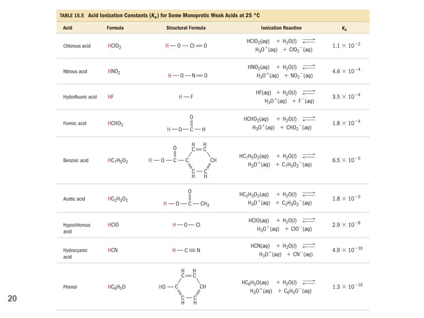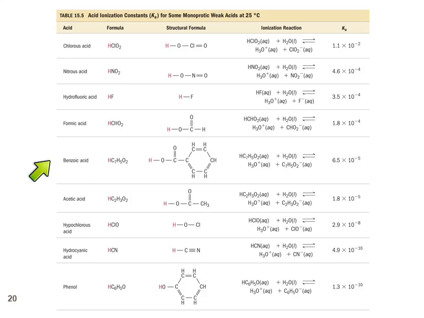So here are some acid ionization constants, and they're giving you the structural formula and the ionization reactions and the Kas. The structural formula can be helpful because it's not always obvious from just the molecular formula what that hydrogen is attached to.